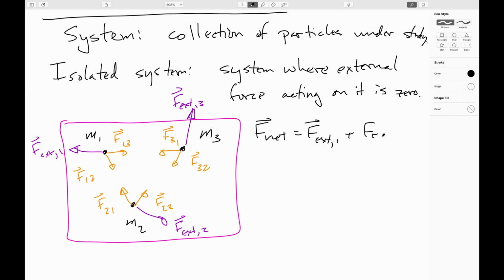Because what we're doing is we're treating each of these as particles. So to find the net force, we're just going to add up all the forces, just like we always do. And if we had more than three particles, we'd keep going.